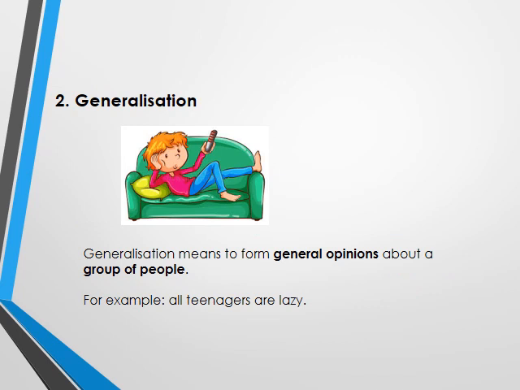Our second perceptual barrier is generalization. Very often you hear older people say, "Oh, die kinders are so lui." That means the children are so lazy, and oh, they just want to sit with their phones all day, and all those things. Generalization happens when people form general opinions about a group of people.